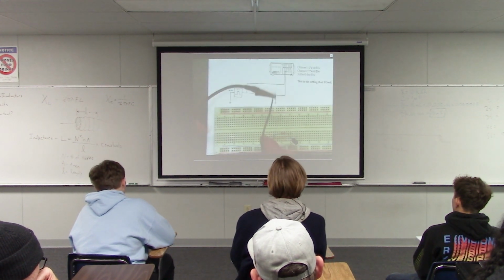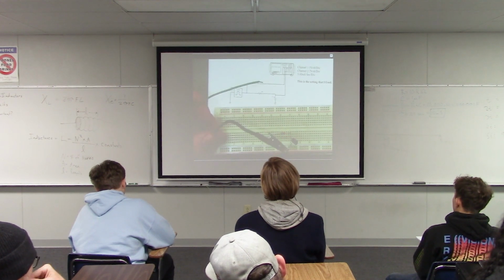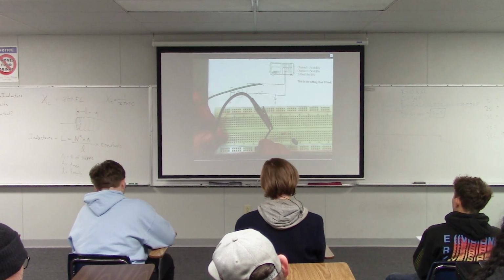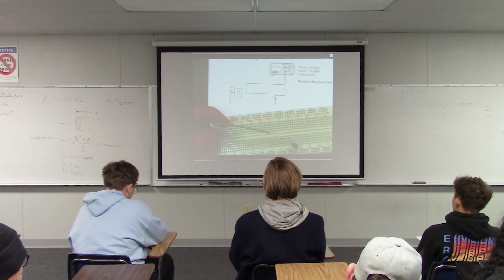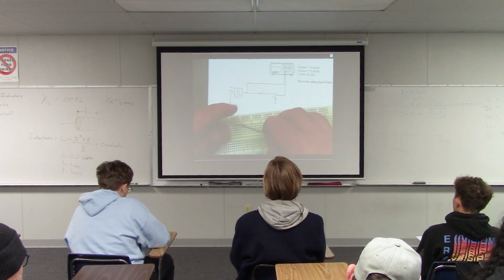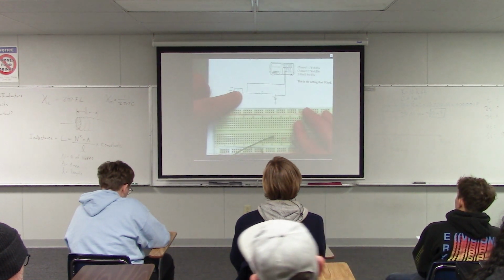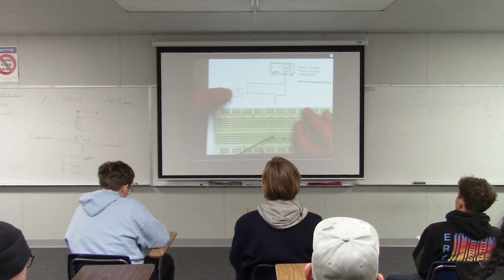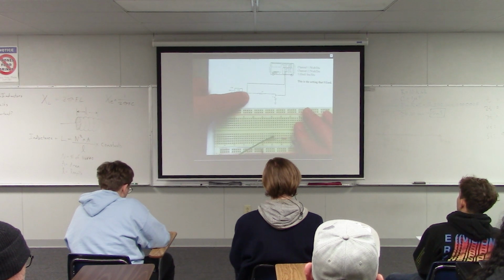So I've got this ground lead hooked to a jumper wire, and I'm going to push that into the ground row down on the bottom of the board. Then the signal lead is hooked to a jumper wire, and I'm going to attach that right here to the left side of my resistor, just like it's shown in the lab book. So the signal from the function generator is going to the left side of the resistor there. Okay.